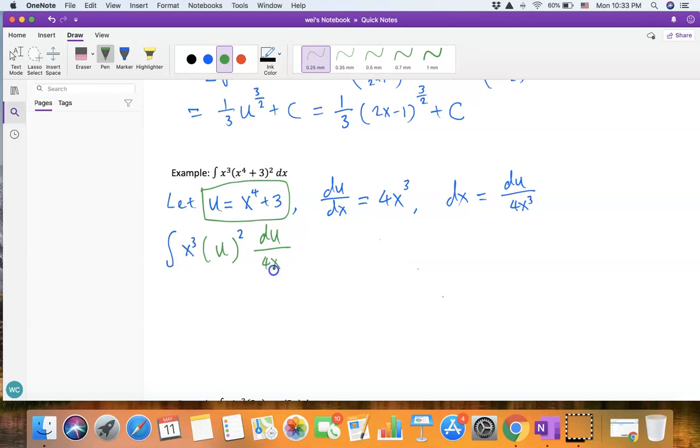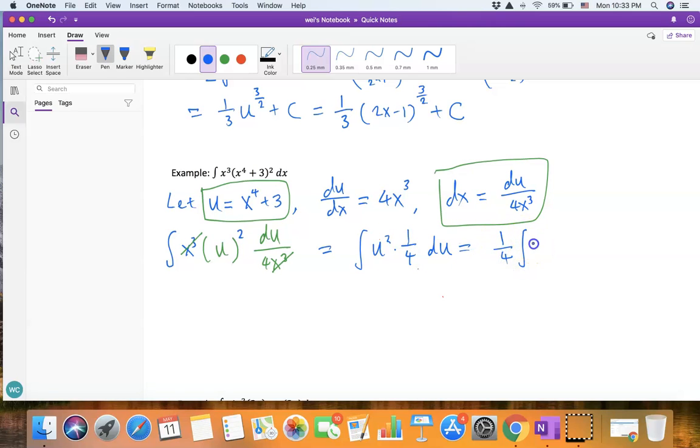Now, the x to the third terms we can cancel. So the function becomes u squared times 1 over 4. So the integral becomes 1 over 4 times the integral of u squared du.